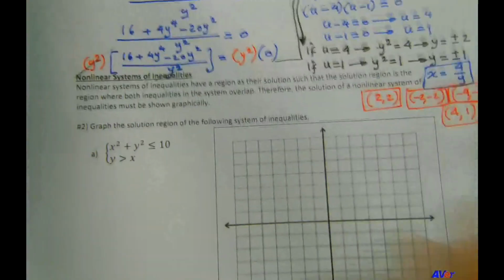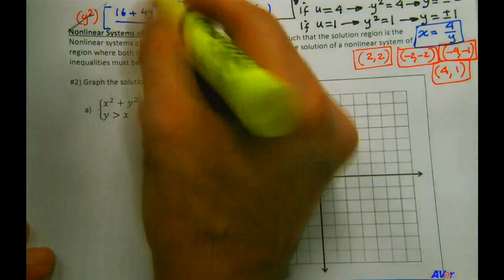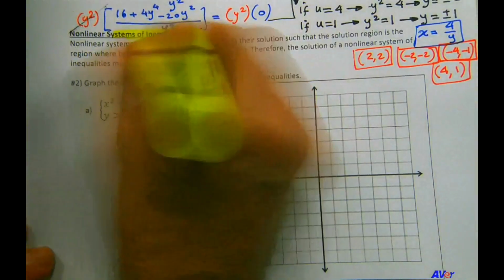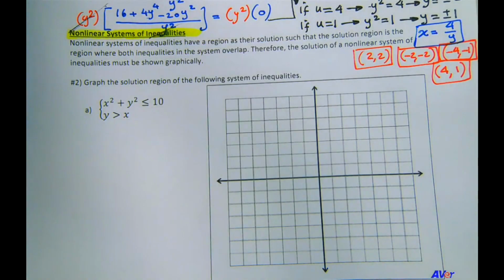Okay. So everything we did so far, these were nonlinear systems of equalities. But now we get to nonlinear systems of inequalities. Okay, these are inequalities. Now, the solutions of nonlinear systems of inequality, generally speaking, inequalities usually have infinitely many solutions.